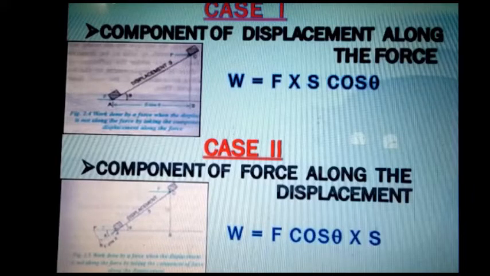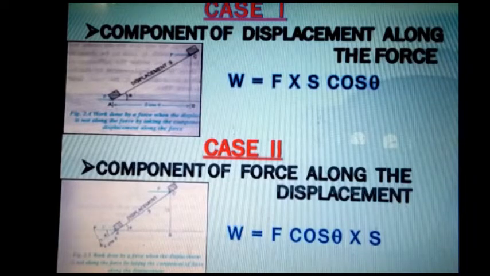So, we have to consider the component of the displacement which is along the direction of the force, that is the cos component of displacement. So the component of displacement which is in the direction of the force is s cos theta. So the magnitude of work here can be found by W = F × s cos theta.